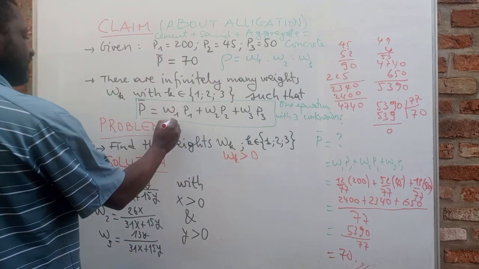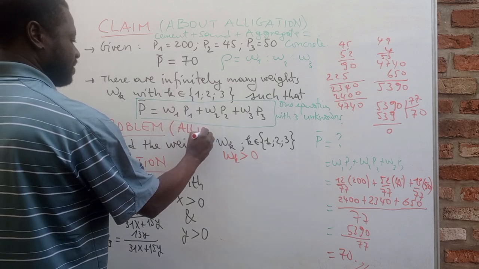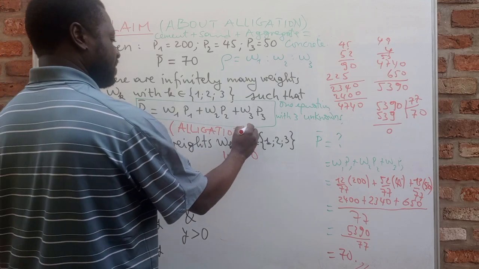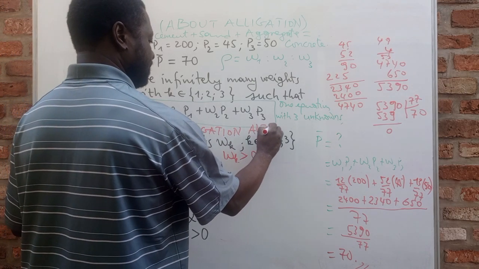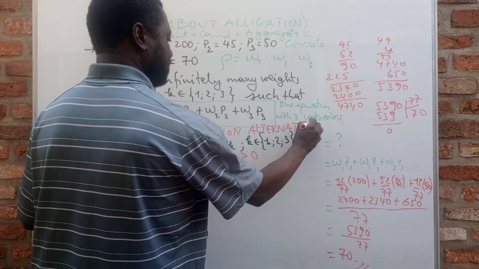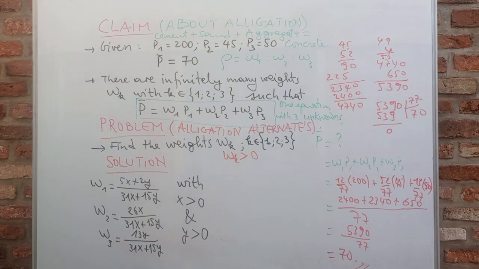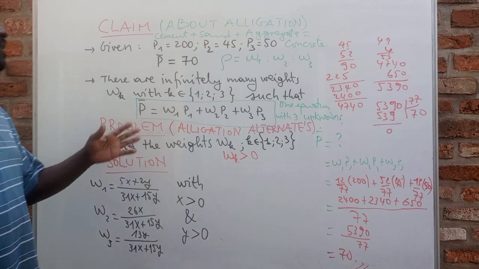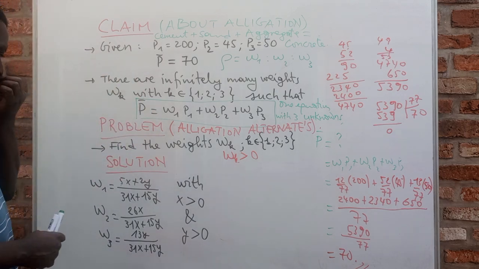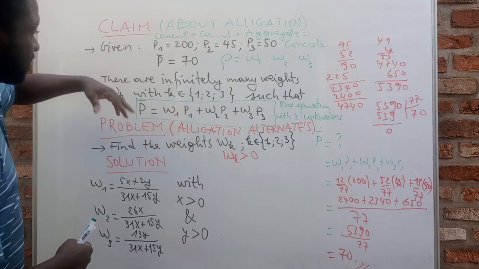This problem is actually an alligation alternate problem, in which only prices are given and the expected price is also given.